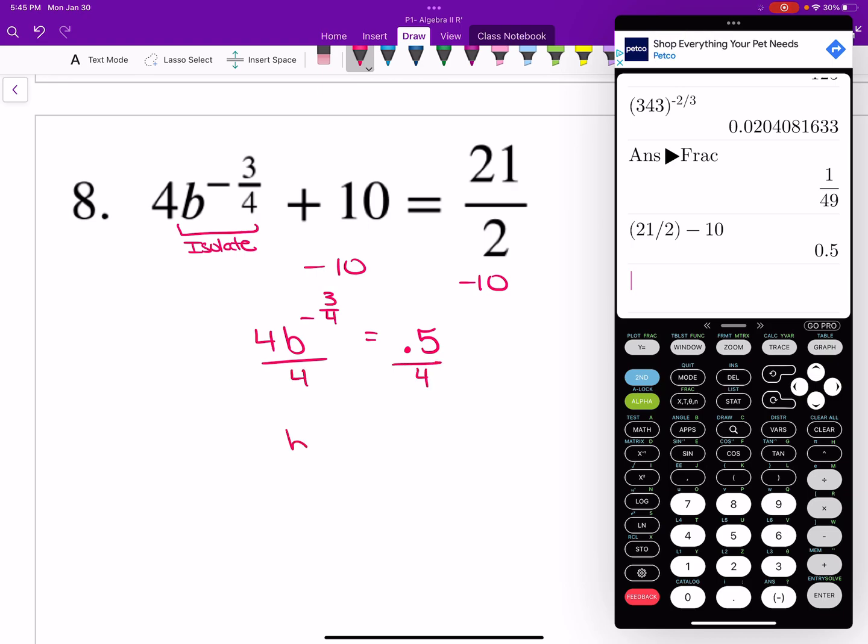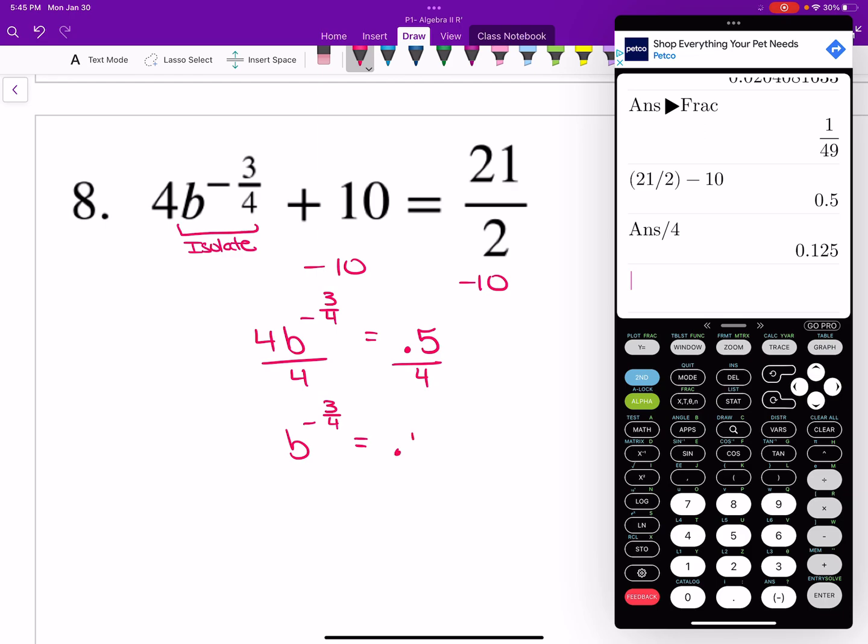Divide the 4. Again, there's no parentheses here, so that 4 is not included with the exponent. So 0.5 divided by 4. You get 0.125 or 1/8 if you're using the fraction. From here, reciprocal of the exponent.